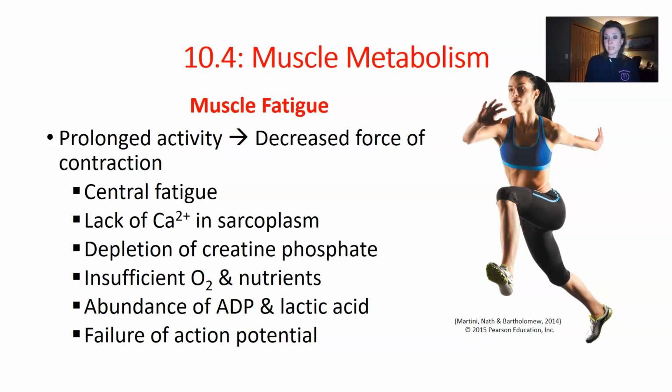Or maybe they have too much ADP and too great a buildup of lactic acid in their muscle fibers. Another source of muscle fatigue could be the failure for a motor neuron to release enough acetylcholine to stimulate a muscle fiber at the neuromuscular junction. And so, all of those things that I've listed here on the slide, besides central fatigue, are issues that are happening with the muscle fiber.